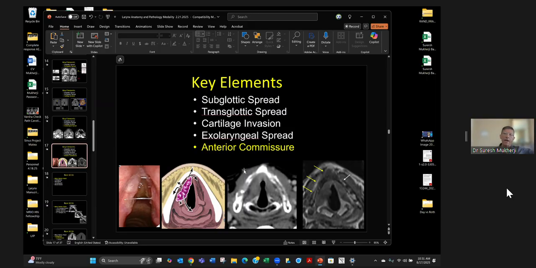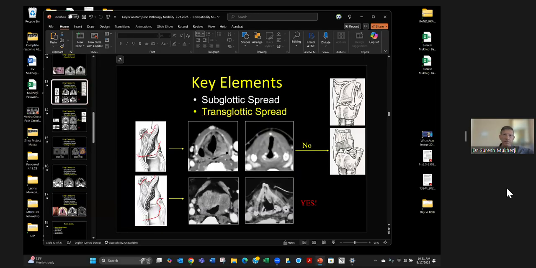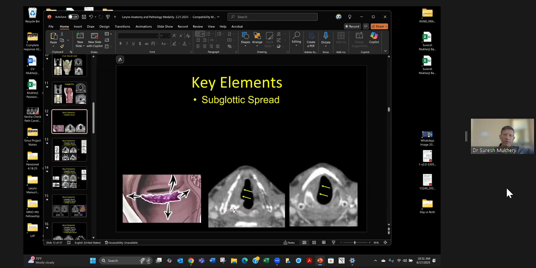At the true vocal cord, if I see a lesion, well, let me put it this way. The nice thing now is that when we are using multi-detector CT, we can get 1 to 2 millimeter thick sections. So I look at the axial images, and I'm looking for what we refer to as the undersurface of the true vocal cords.